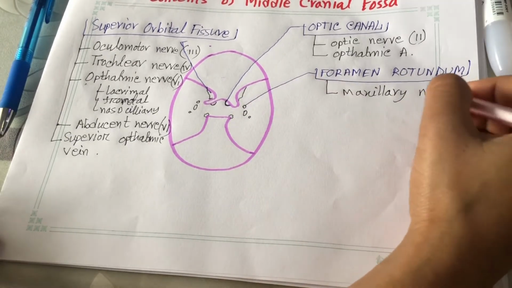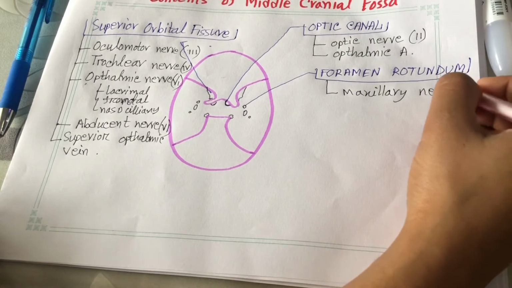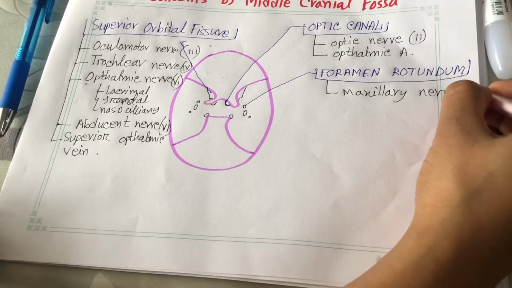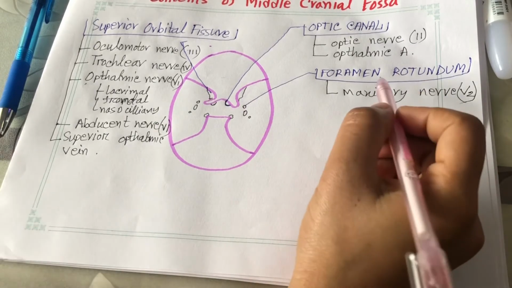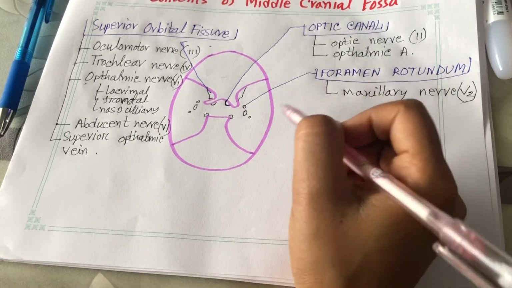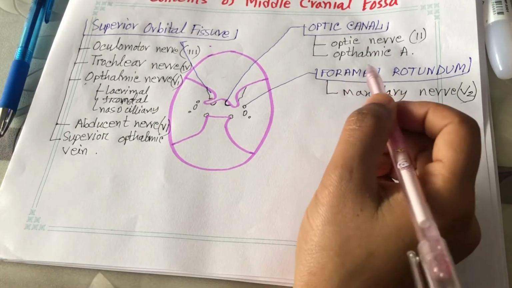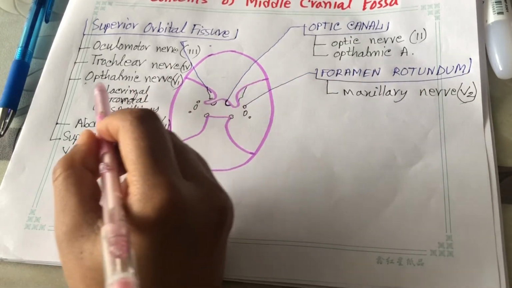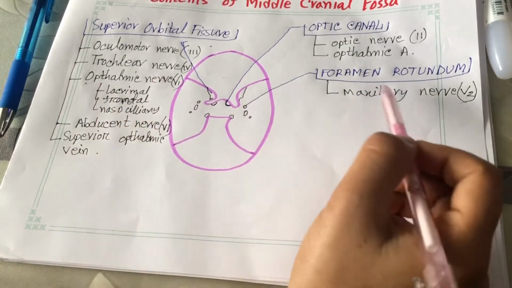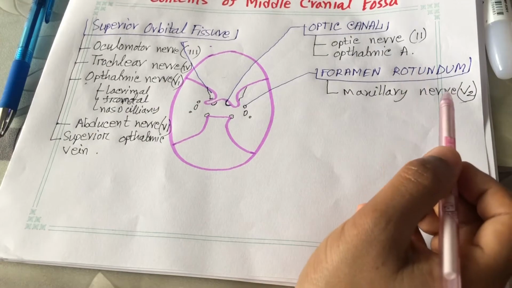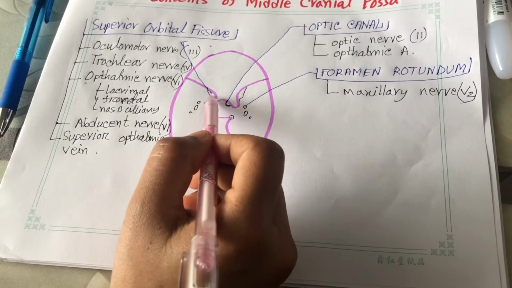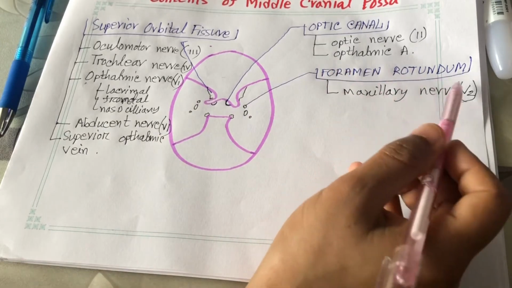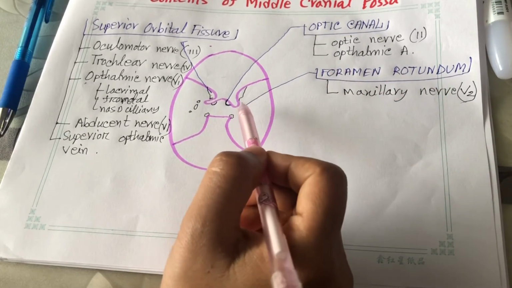The maxillary nerve is the branch of trigeminal nerve. We know trigeminal nerve has three branches: ophthalmic nerve, maxillary nerve and mandibular nerve. So the first branch passes through the superior orbital fissure and the second branch passes through the foramen rotundum.